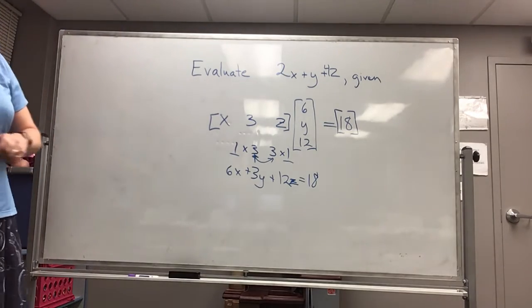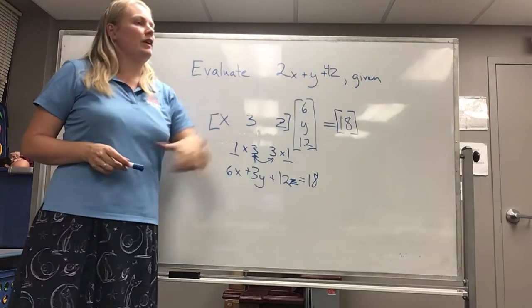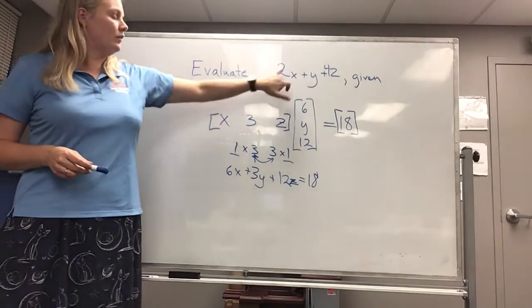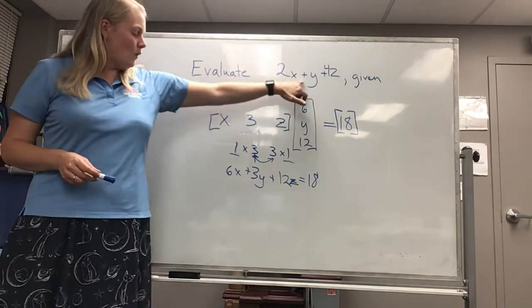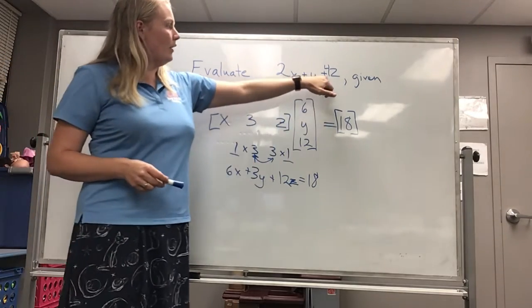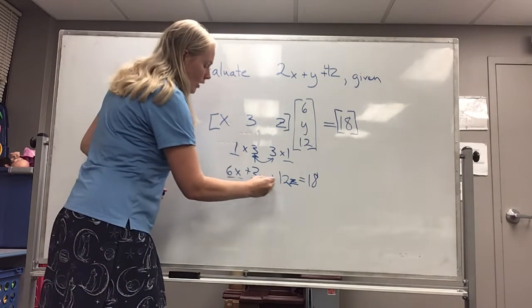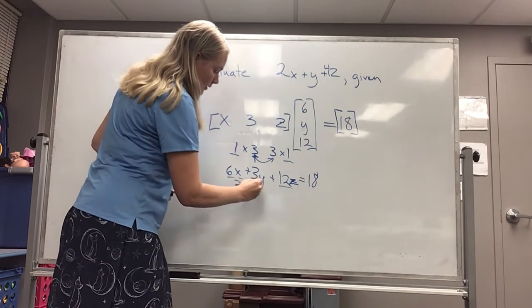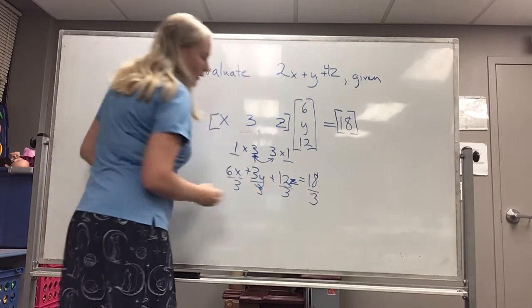And they asked us in the original for 2x plus y plus 4z. If we compare these two, 2 times 3 is 6, y times 3 is 3y, 4z times 3 is 12z. We can divide all of these by 3. This one also by 3.